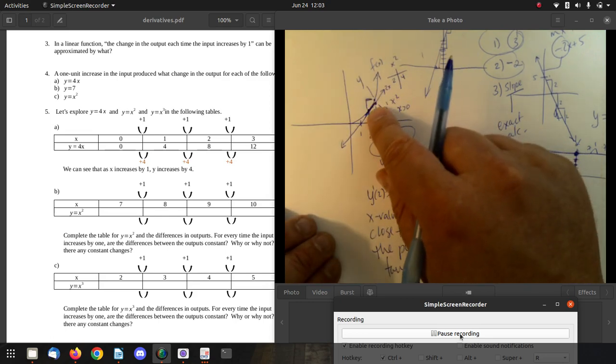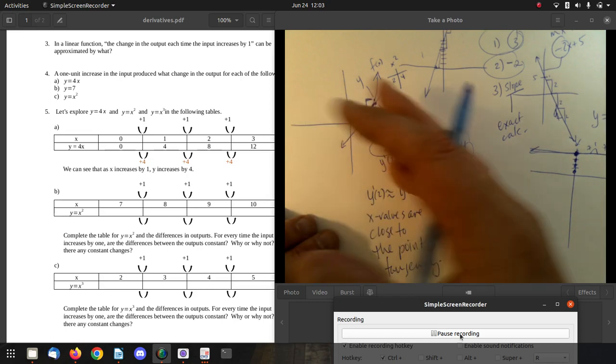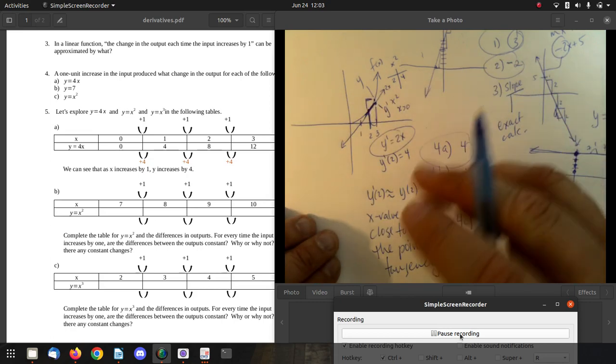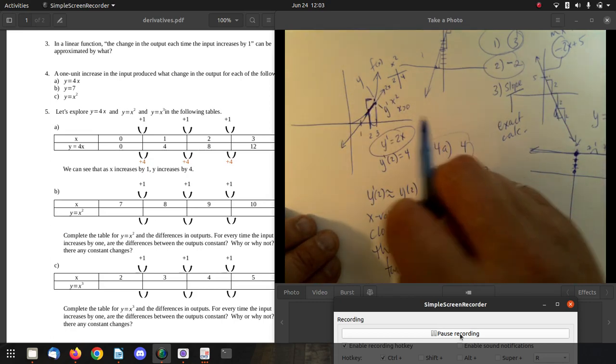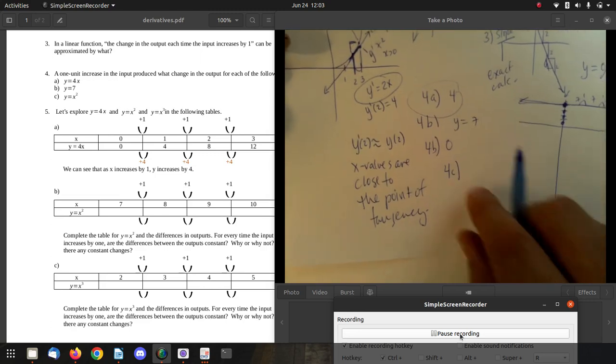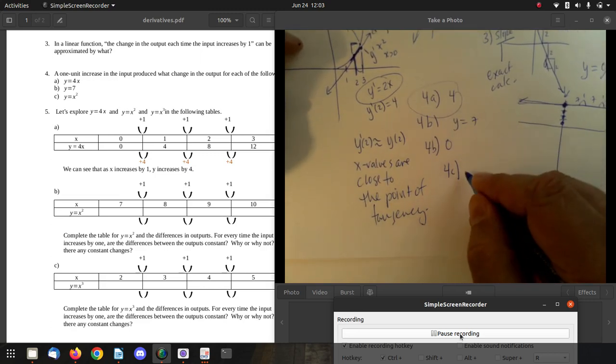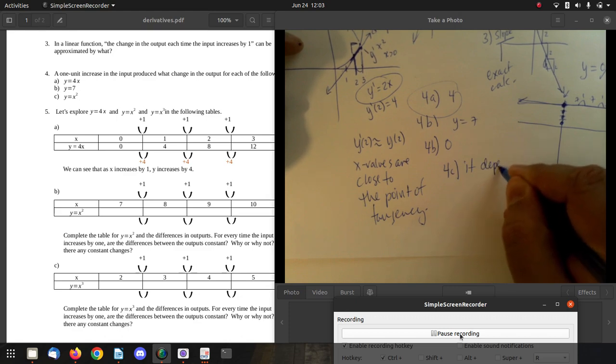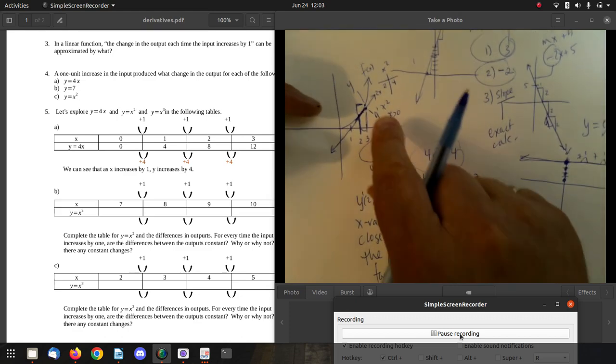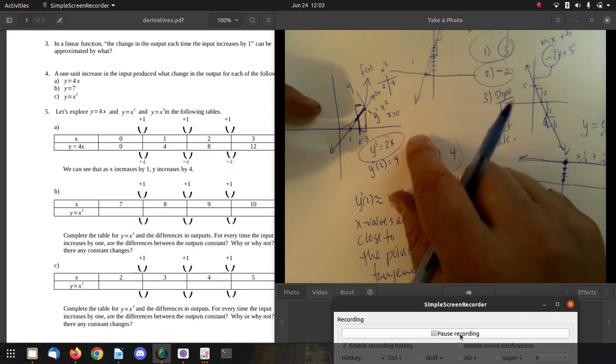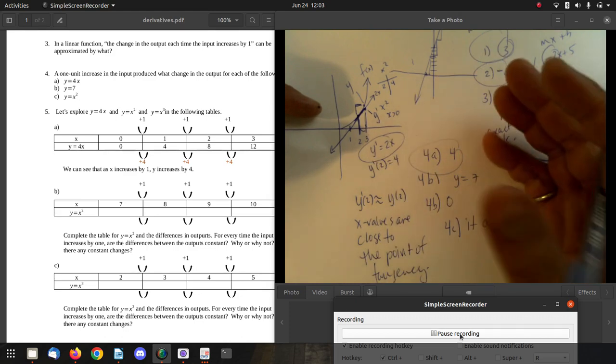And the same principle would apply, where the tangent at any of those points that I labeled will be a good approximation for any of those points. So the first part is it depends on the point, because obviously 100 times 2 is going to be way bigger than 2 times 2.